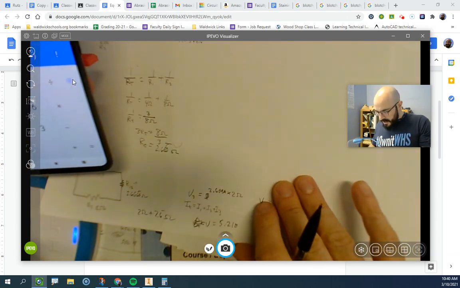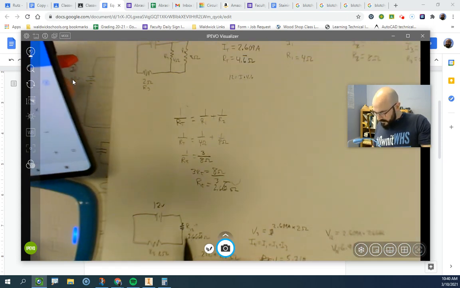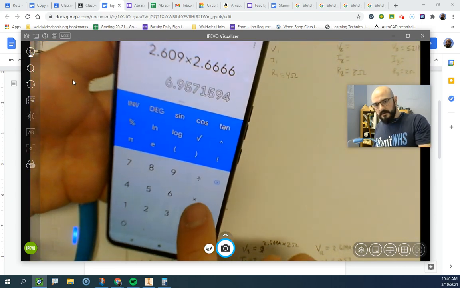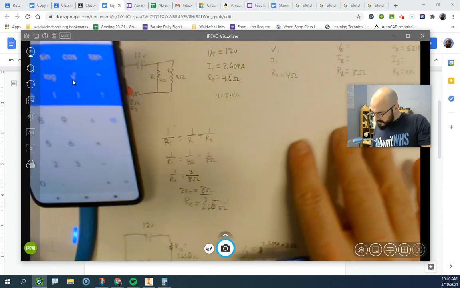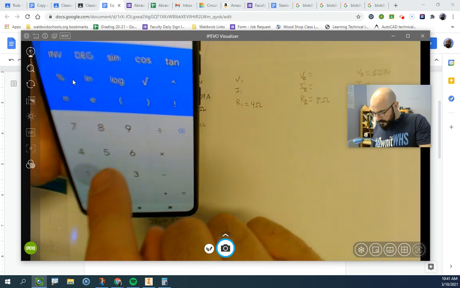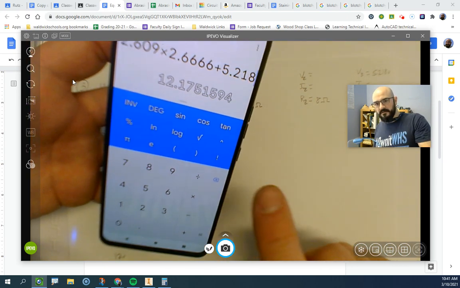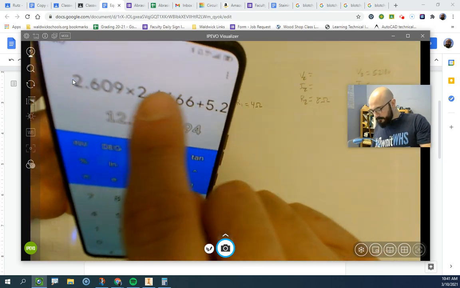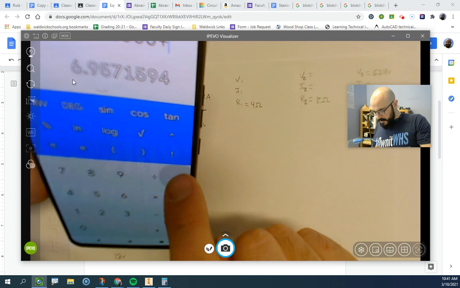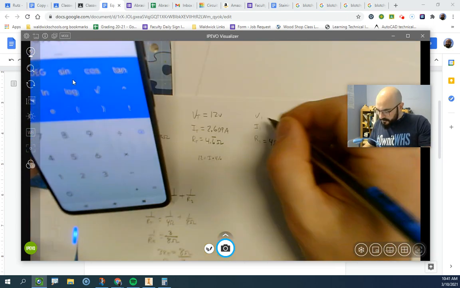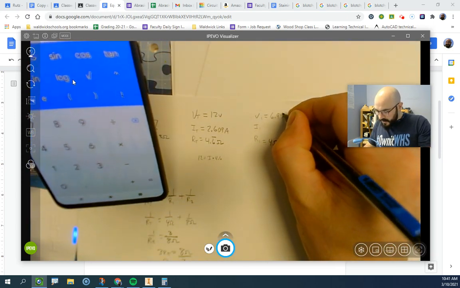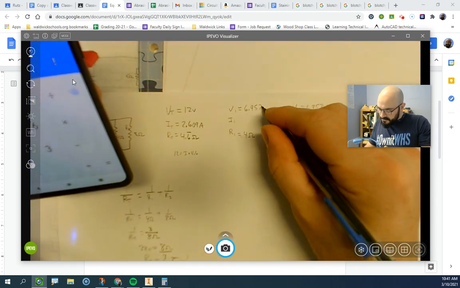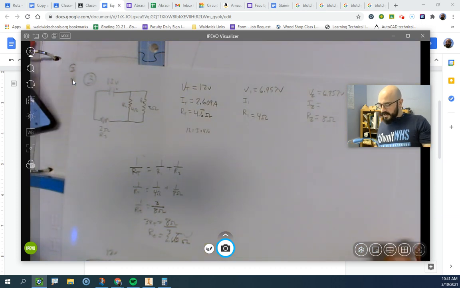All right. And the voltage for two things in parallel is the same. So just to check, 6.957 plus the voltage from before, 5.218, we get 12.17. Some error, but hey, that's pretty good. Okay, so voltage of 1 equals 6.957. Voltage 2, 6.957 volts. Look at that.